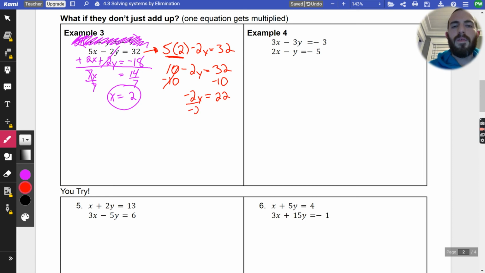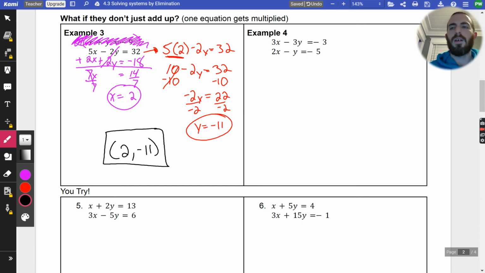Now we got to get the y by itself. And now we have our point that solves the system. So 2, negative 11, the point in which these two lines intersect.